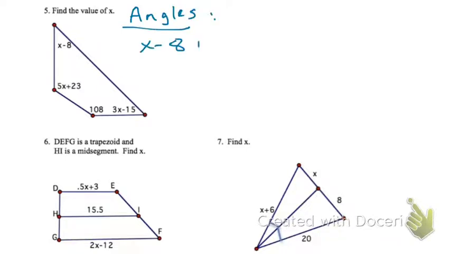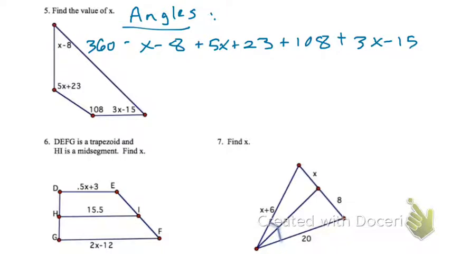Now we're on to 5, 6, and 7. Number 5 is about angles. If those don't look like angles to you, just know that if there's an expression in the corner, it's an angle. And these 3 angles, we know, add to 360 if they're in a quadrilateral. Remember, that's n minus 2 times 180, number of sides minus 2 times 180. I'll write that formula at the end just to make sure you know.